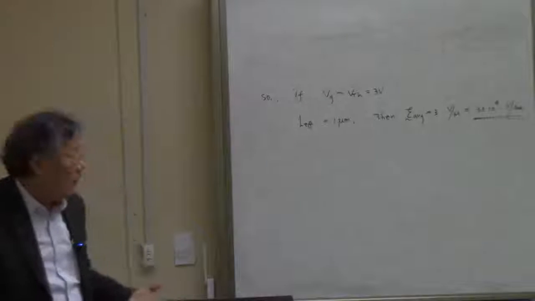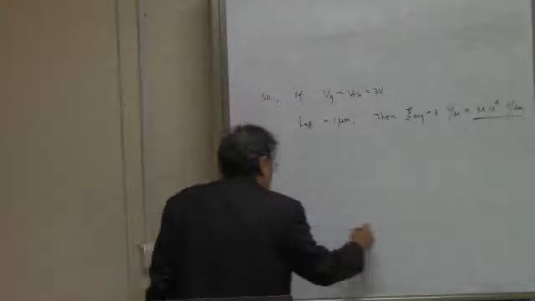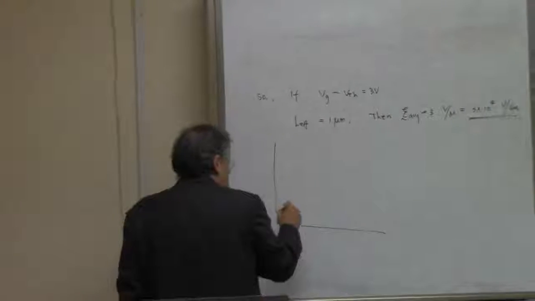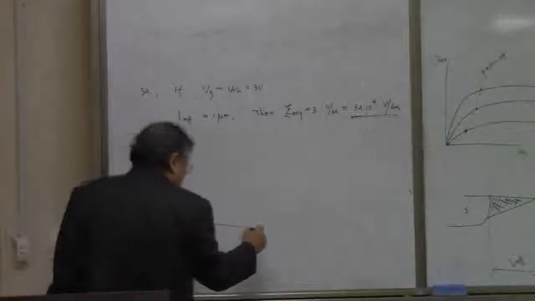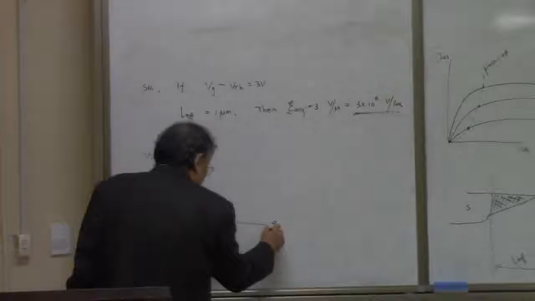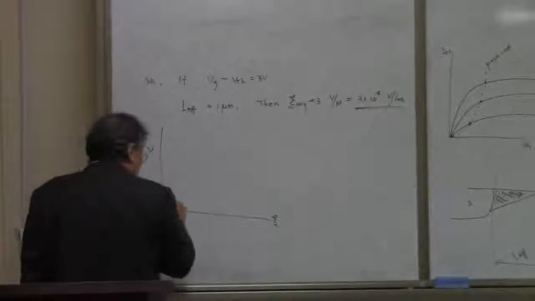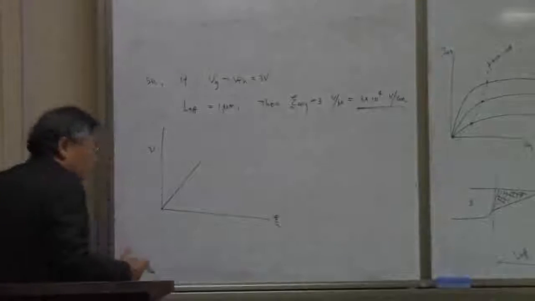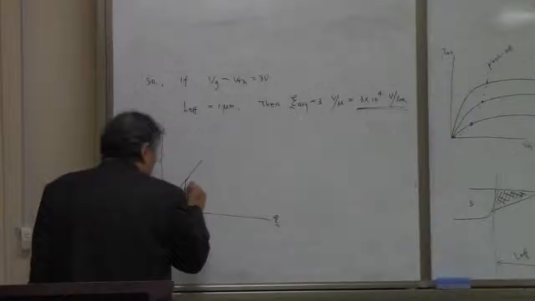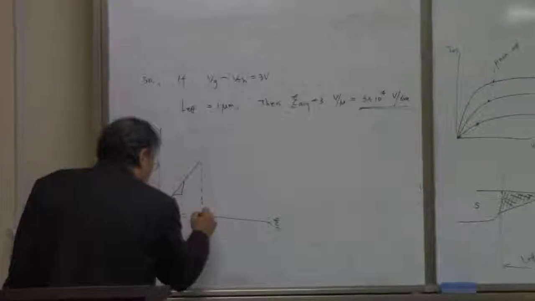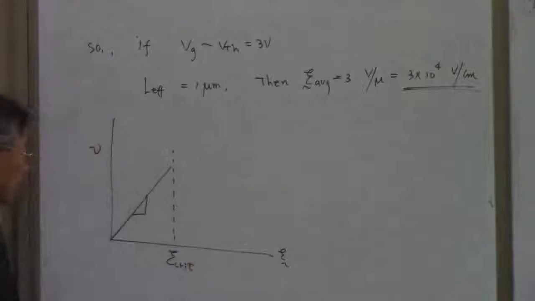And with this electric field, we can draw the velocity of electrons versus the electric field, for example. Now, you see, it's linearly proportional up to some values. We call that the critical electric field.